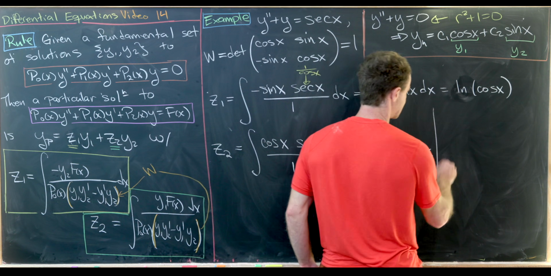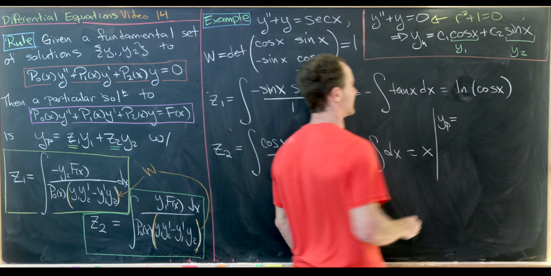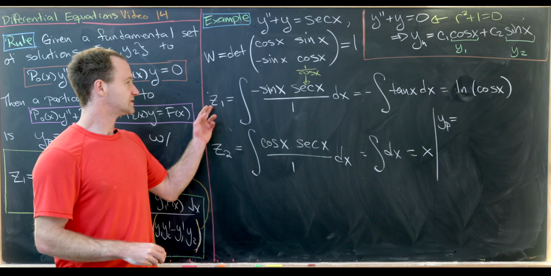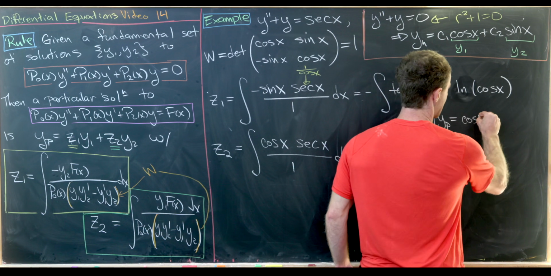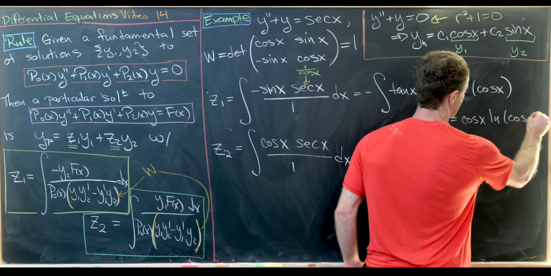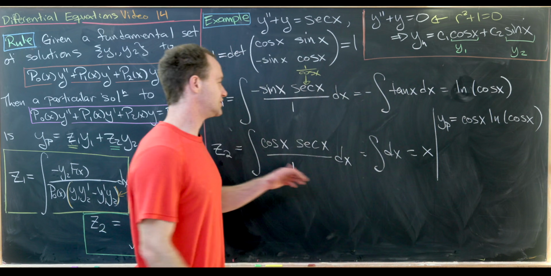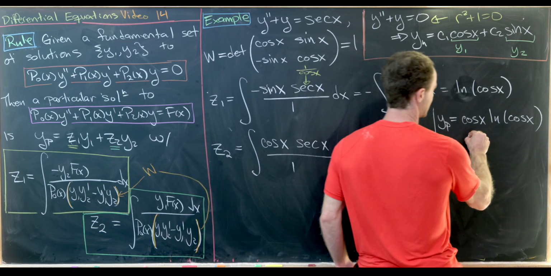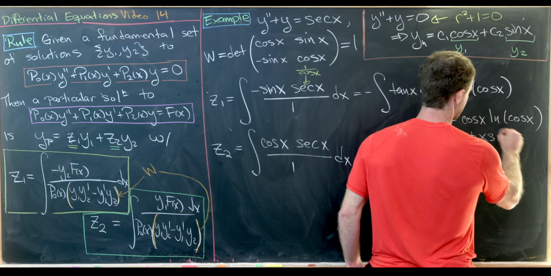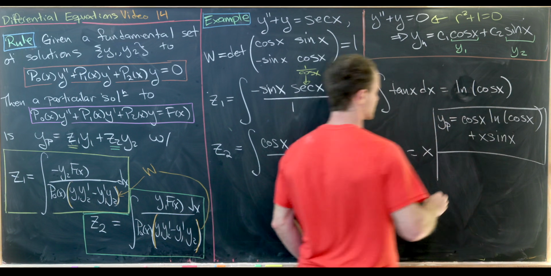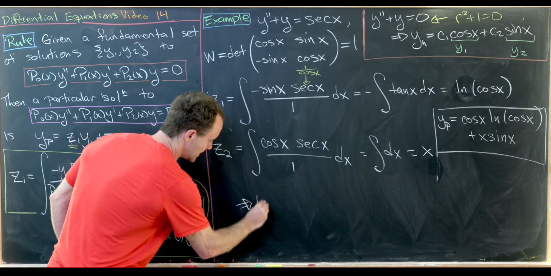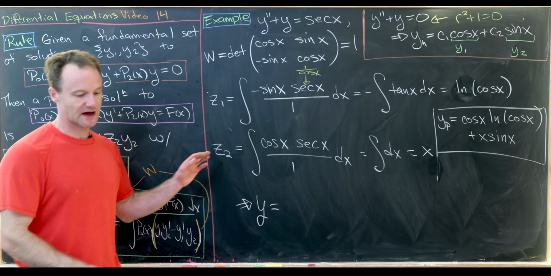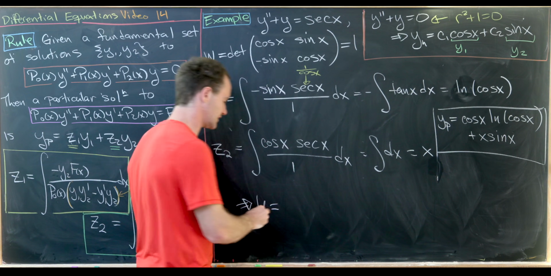Now we can put this together into the general form of our particular solution. So it's going to be z1 times y1, so that'll be cos x times natural log of cos x, plus z2 times y2, so that'll be plus x times sine x. So there's our particular solution. And if we wanted to put this all together, our most general solution would have the homogeneous part and the particular part.